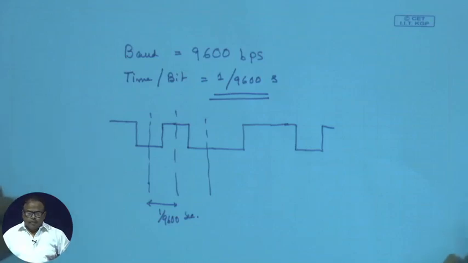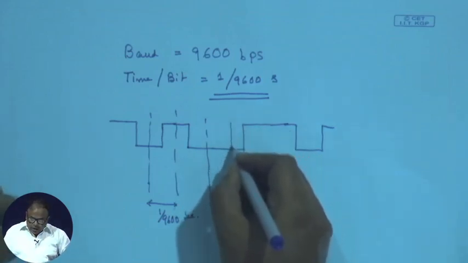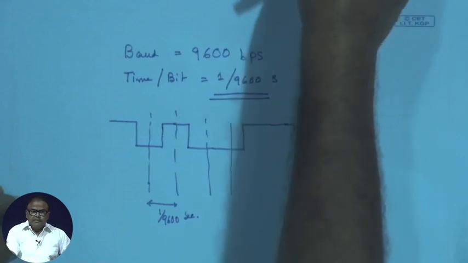So, that is how we know whether it is a 0 or a 1. Okay.